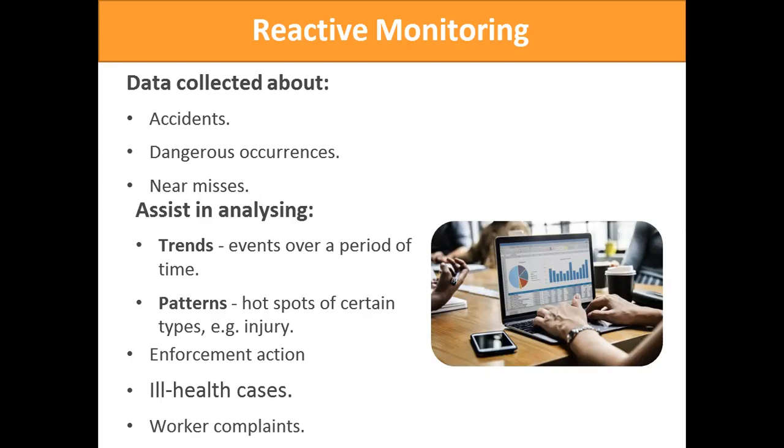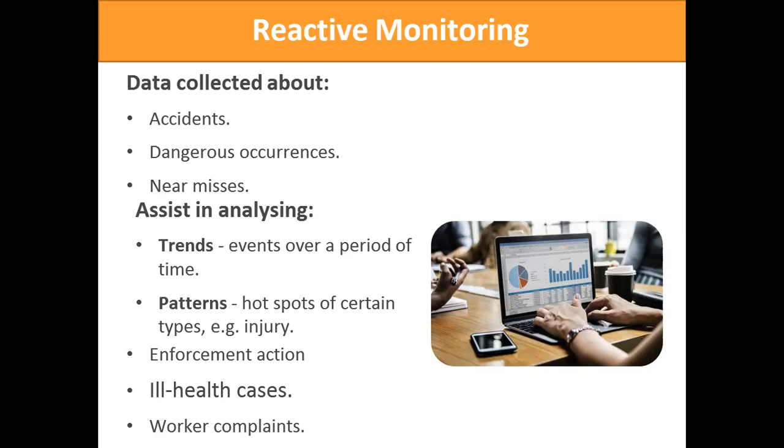We will collect this so that in the future we will use it, so that this type of accident, dangerous occurrence, or near miss will not happen in the future. It assists in analyzing: we will check trends from this data. What is a trend? The events over a period of time. Then the patterns, hot spots of certain types, such as injuries.